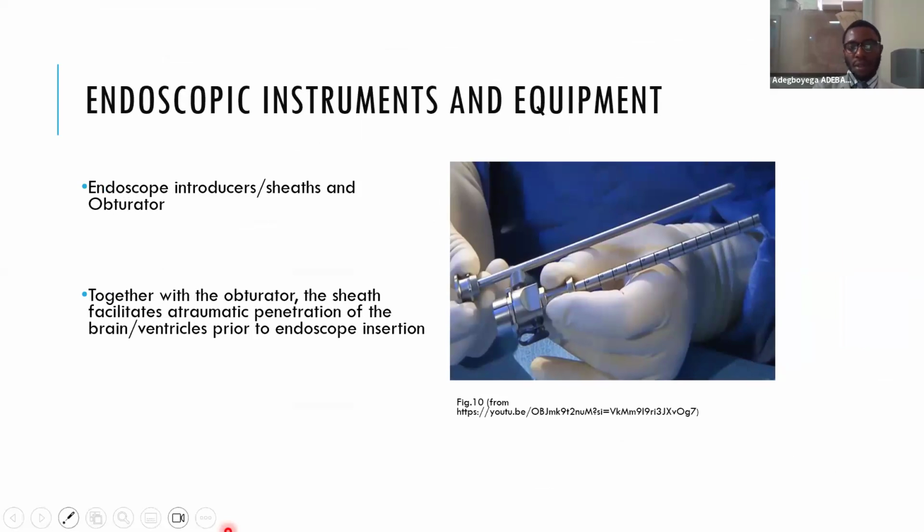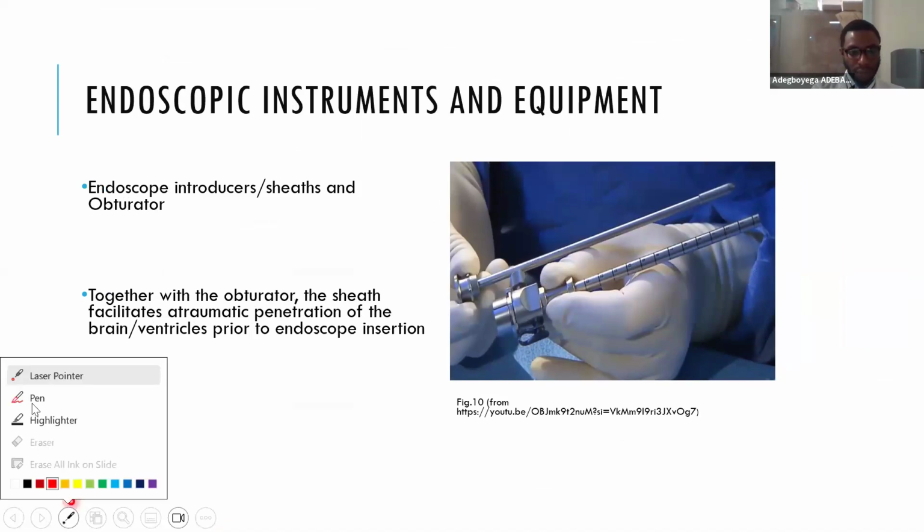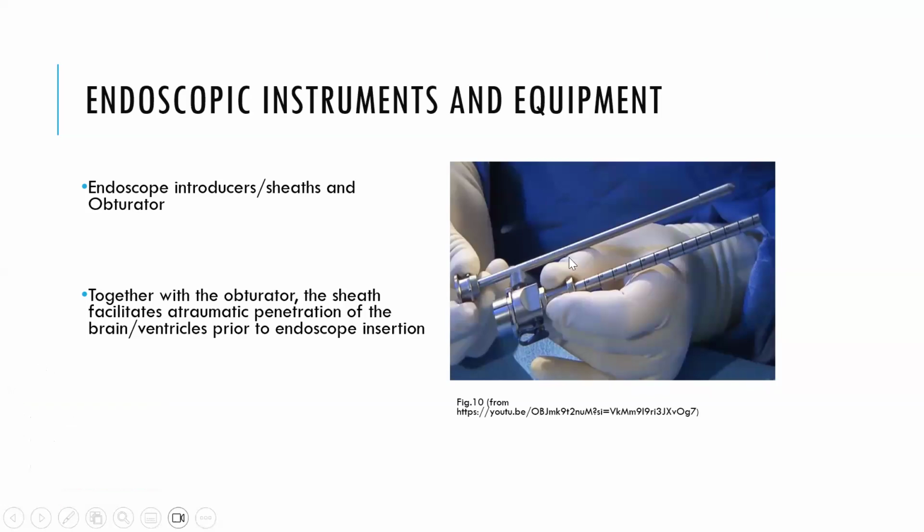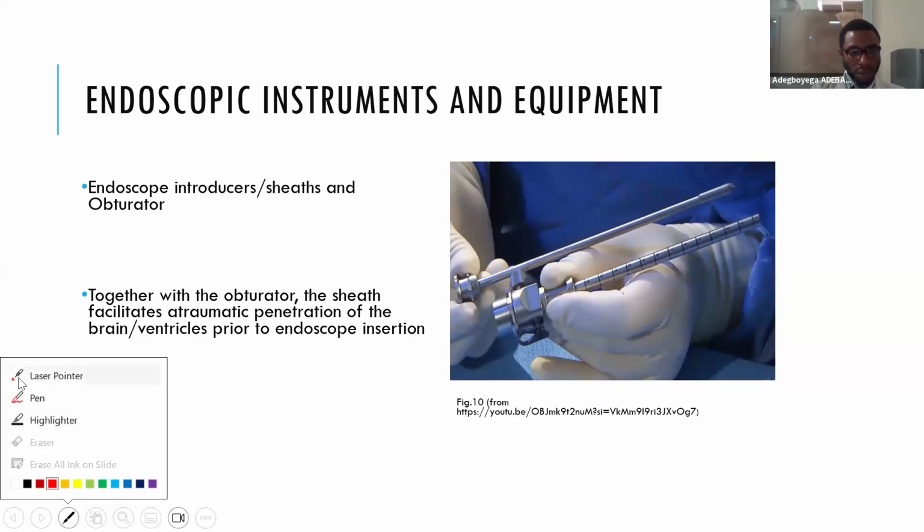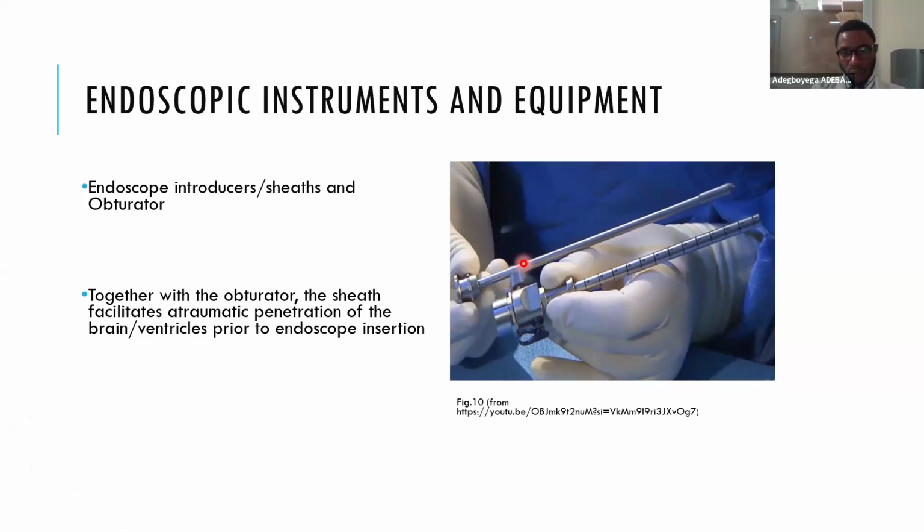This image shows an obturator and an endoscope sheath. The obturator is this cylindrical rod, and the endoscope sheath is the hollow tube. This is the obturator, the cylindrical rod, and this is the endoscope sheath.